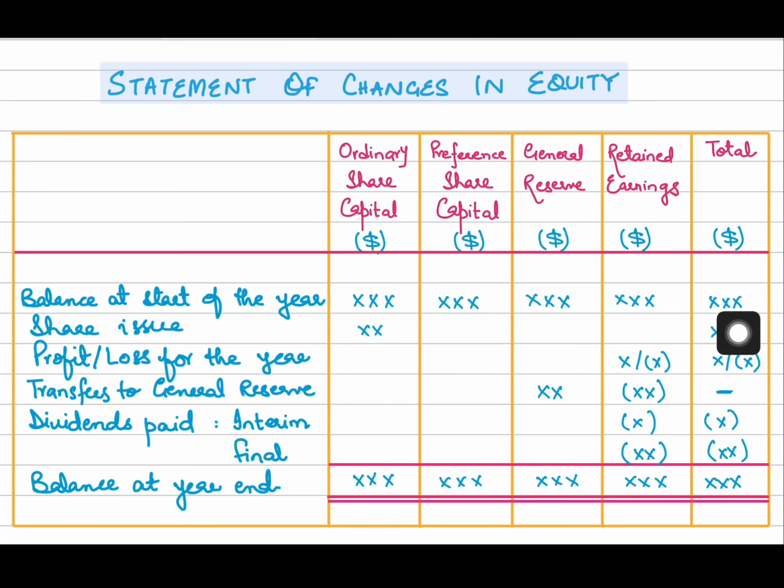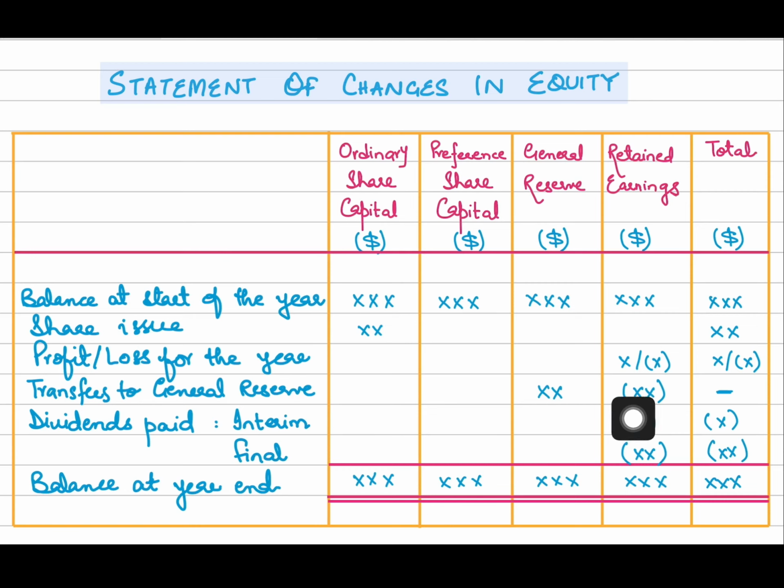First of all, we take the opening balances, then if there is any share issue during the year, so that is also added in the ordinary share capital or the preference share capital. So it increases your ordinary share capital basically. Then if there is a profit or there is a loss, that is adjusted in your retained earnings column. Profit increases retained earnings and loss decreases it. Then if there are any transfers to general reserves, so these are transferred from the retained earnings.